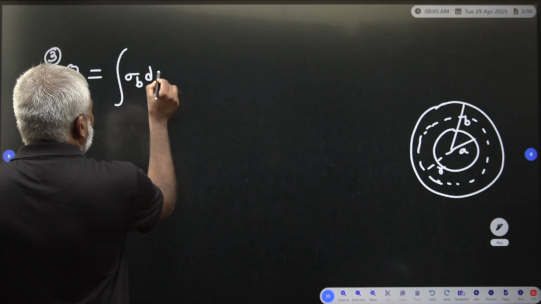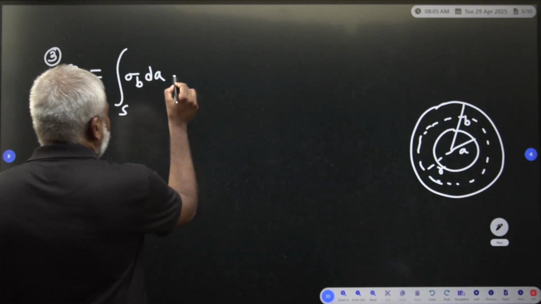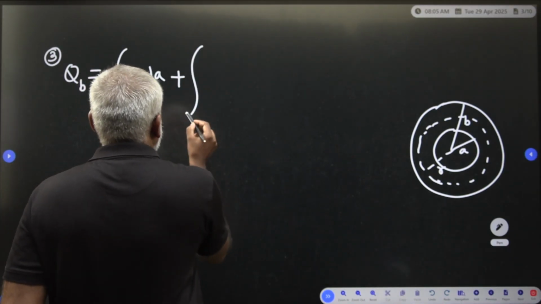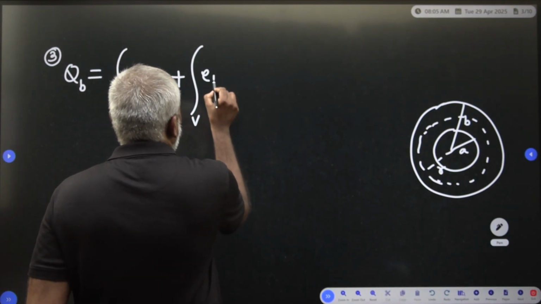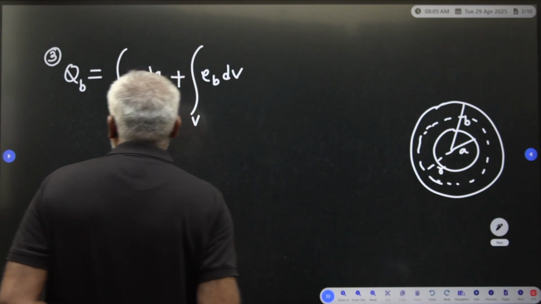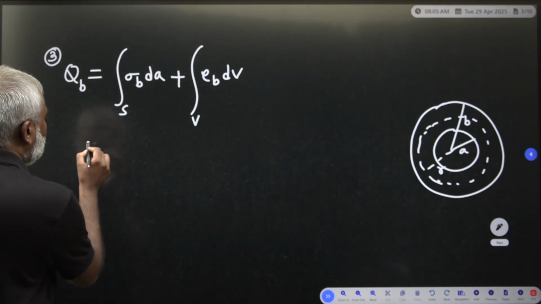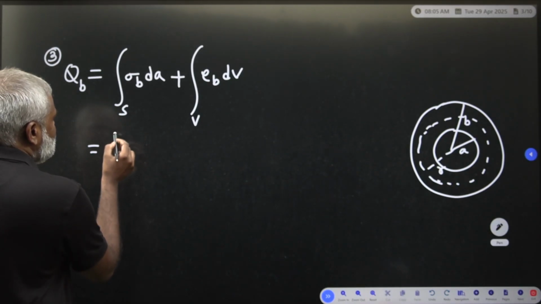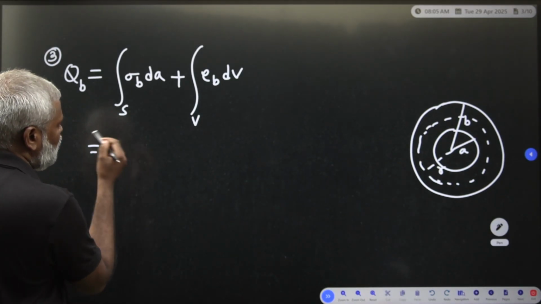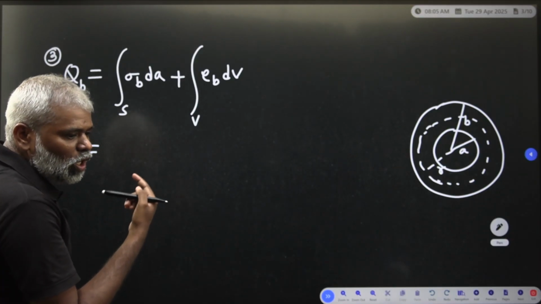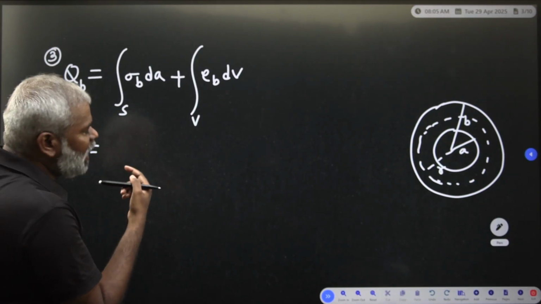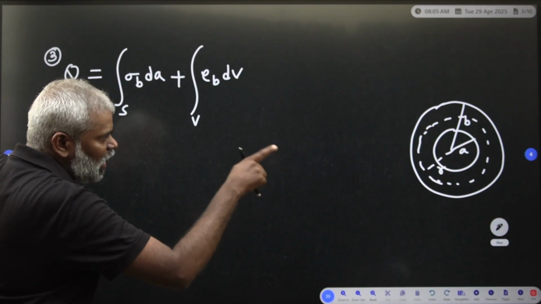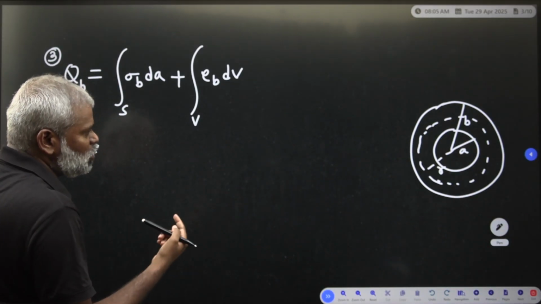Sigma b into dA. This is the surface integral. This one is rho b into dV. This one is a volume integral. Now, what is your surface integral? Sigma b is equal to minus k by r, because up to a only you have to take.